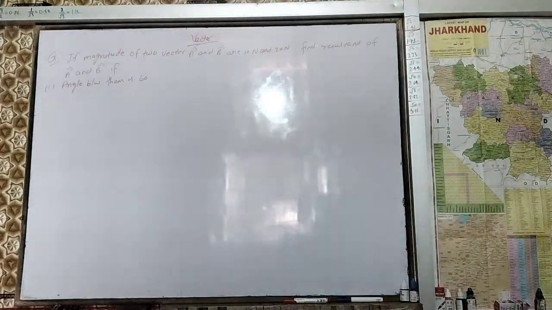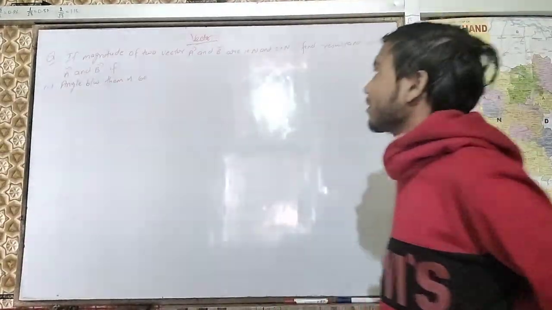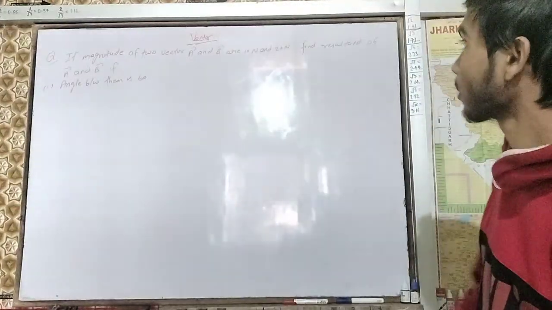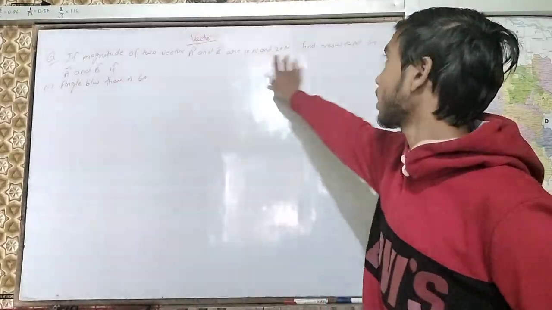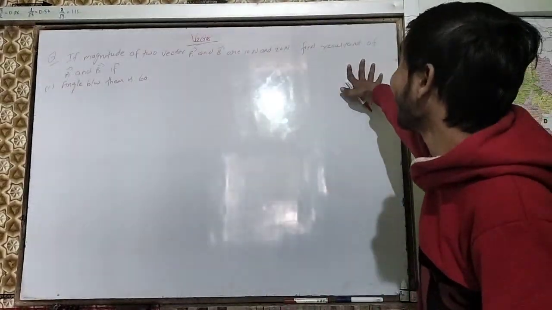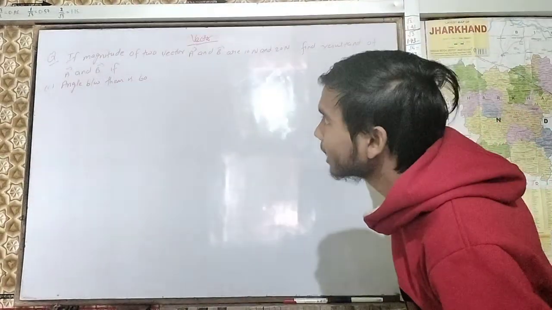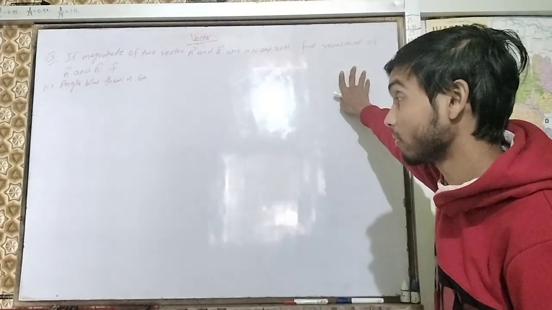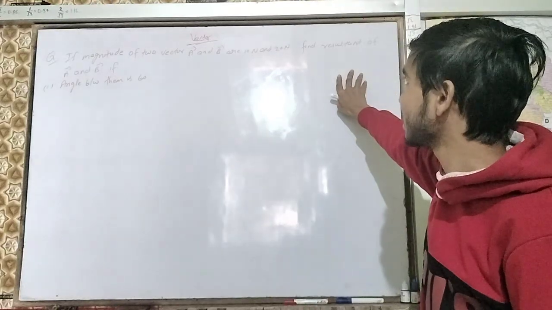It is saying the magnitudes of two vectors A and B: the magnitude of vector A is 10 Newton and the magnitude of vector B is 20 Newton. Find the resultant, which is vector C, of vectors A and B if the angle between them is 60 degree.